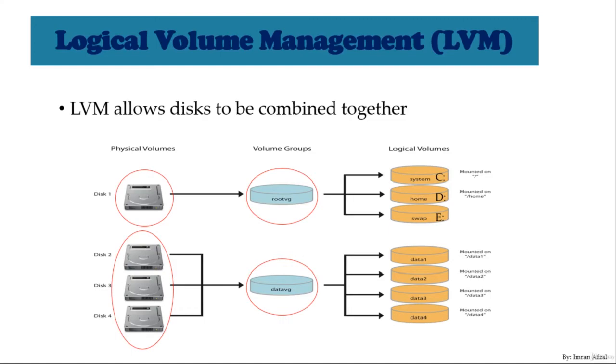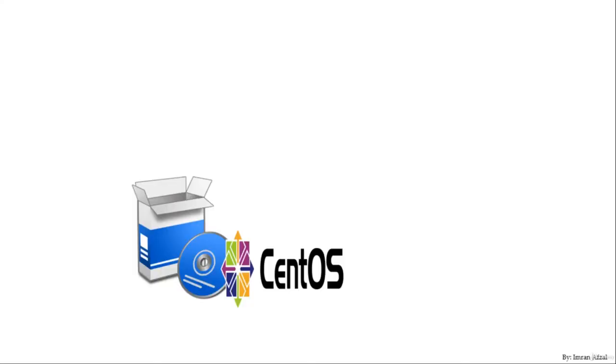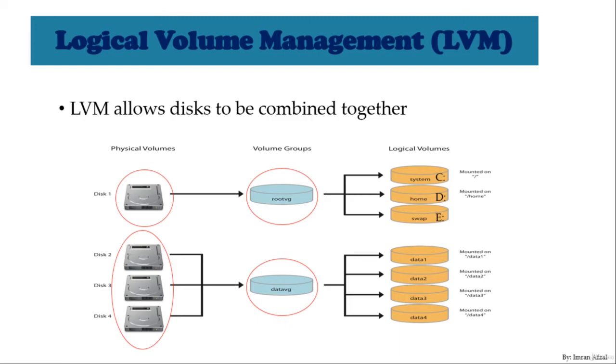In this example it is data VG, which is the volume group. The size of this group becomes 300 gig because each of the 3 disks on the left-hand side has a size of 100 gig. Then on the right-hand side, you create data 1, 2, 3, and 4 as different partitions.